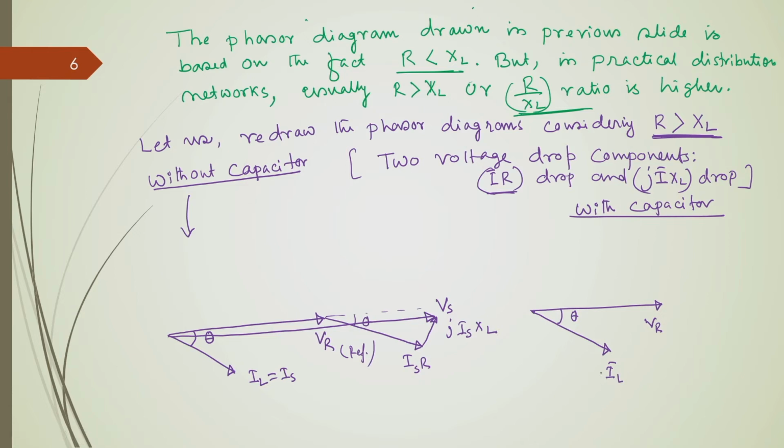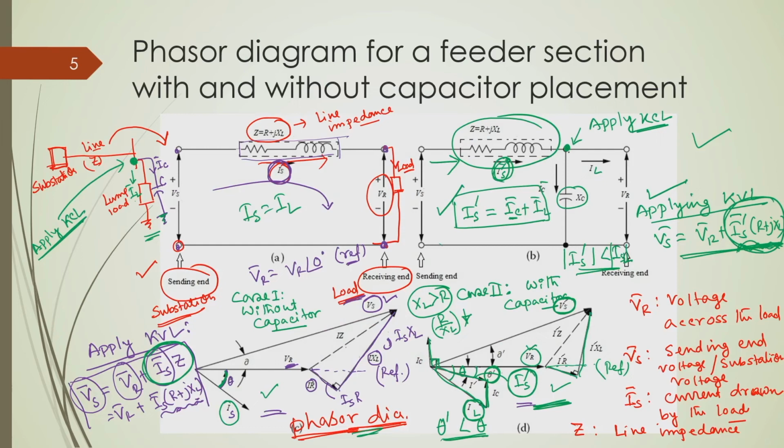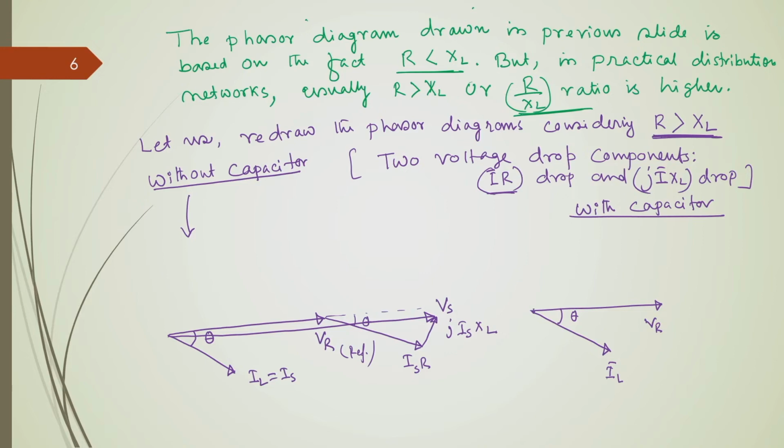Because with capacitor we have two current components: one is the current drawn by the capacitor, another is the current drawn by the load. So, this is the load current and this is the capacitor current. Let us consider this is IC, the capacitor current.